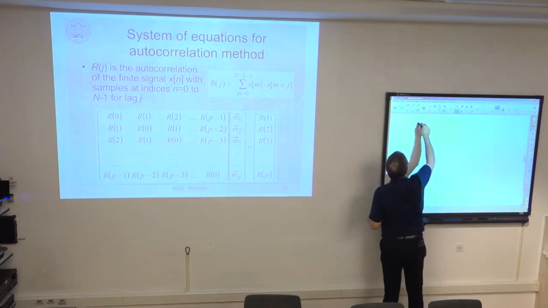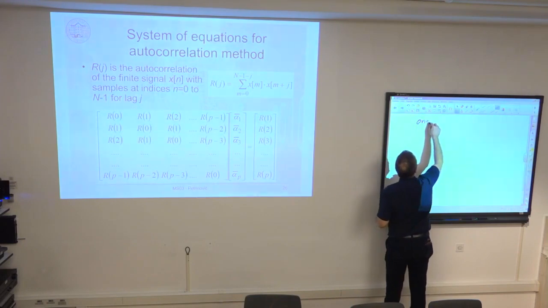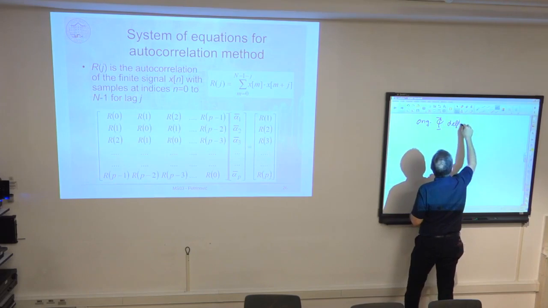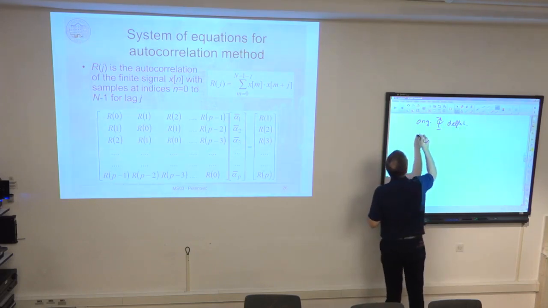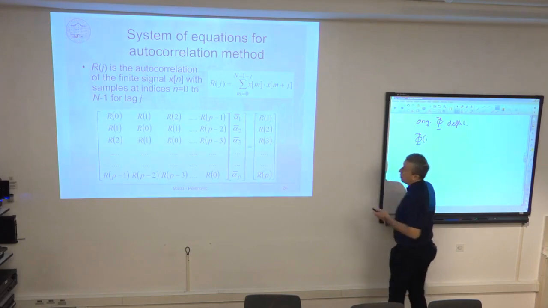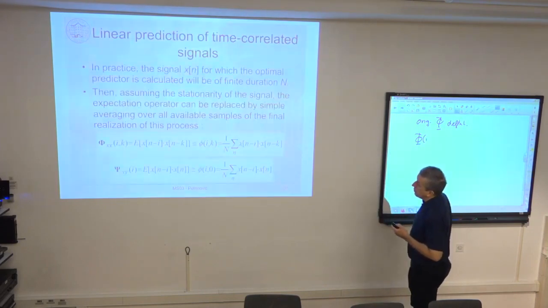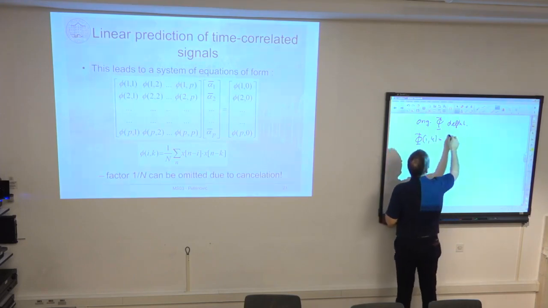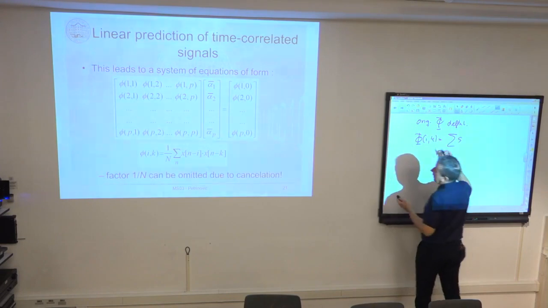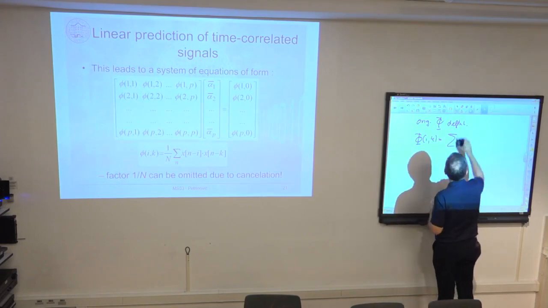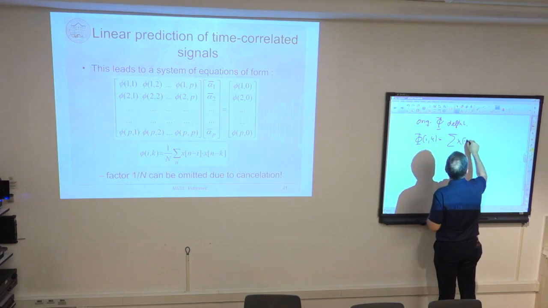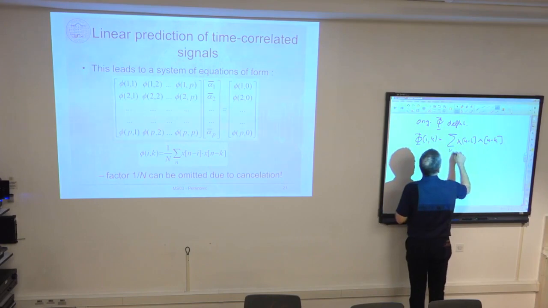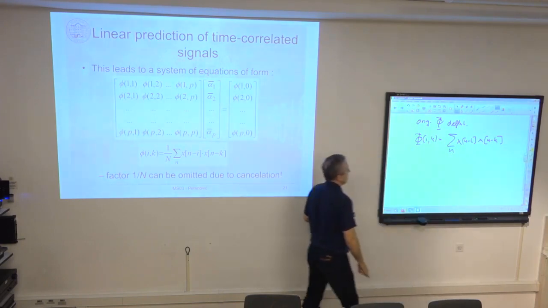For the original phi definition, phi of i comma k is the sum of x of n minus i times x of n minus k, added over all indices n of the signal.